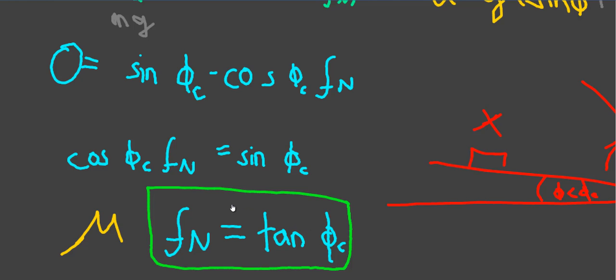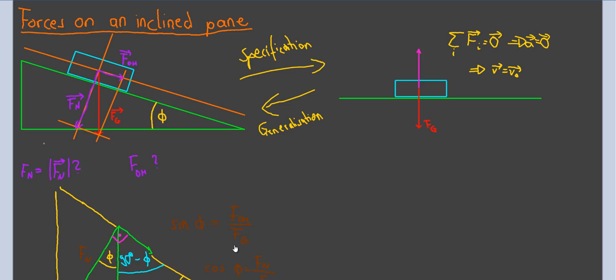So what did we learn today? Well, we didn't just learn about forces on the inclined plane, we learned much more. We learned about the principle of generalizing and specifying: if we generalize whatever thing we want, then it always has to also apply for our specified case, and that's going to be in about every video.